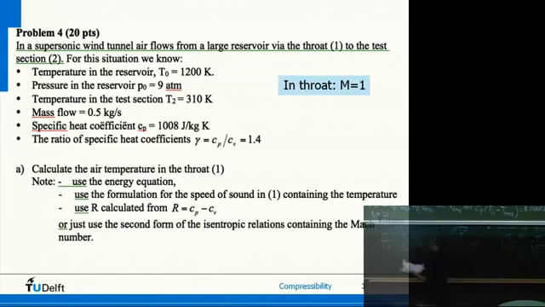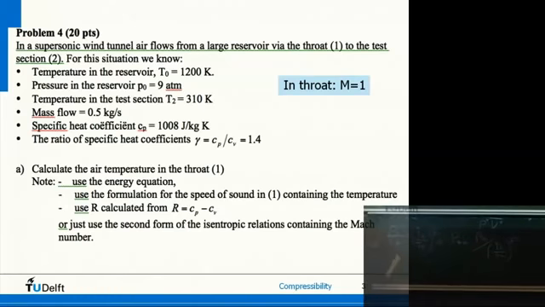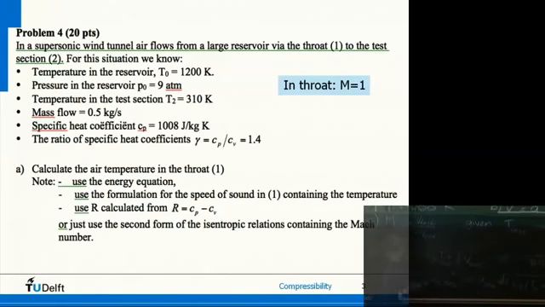And that's not so interesting, so rho star is rho 0, we just computed, 2.64 divided by T0 was given, 1200. T star, we computed at some point, right? Yeah, 1000 Kelvin.